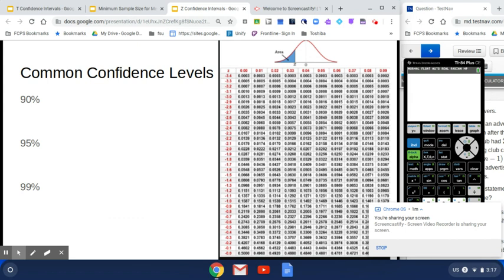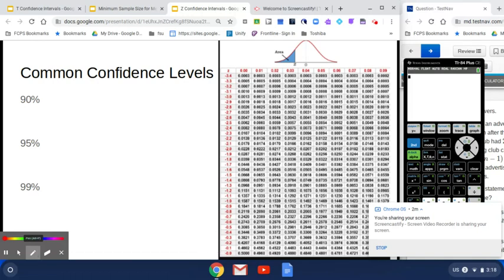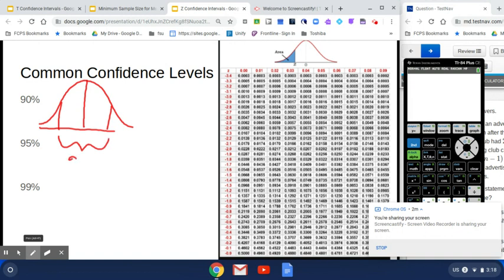Let's start there. So, our first common confidence level is 90%, and we are going to find the critical values that are associated with that confidence interval. So, if I put 90% in the middle of my distribution, that would leave 10% for both tails, or 5% for the left tail and 5% for the right tail.